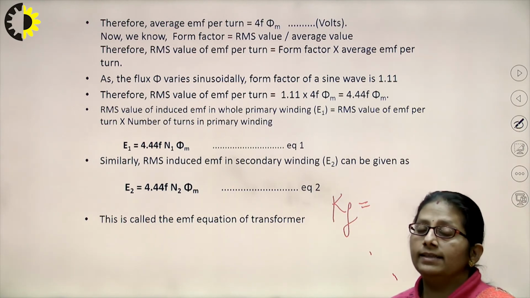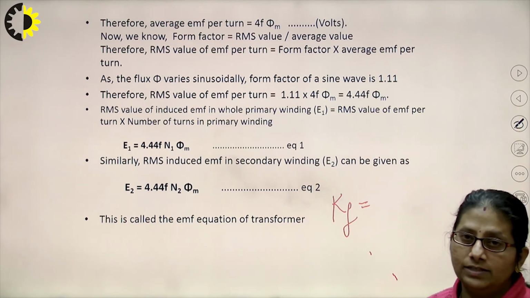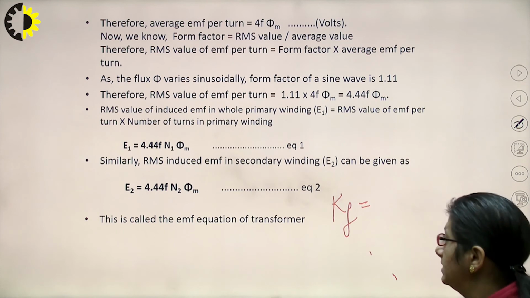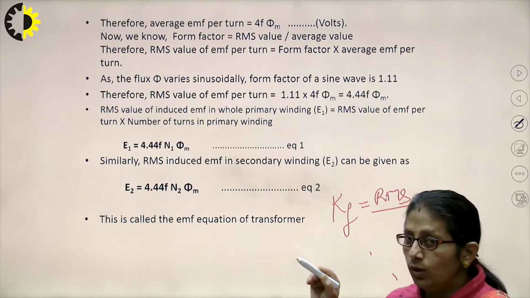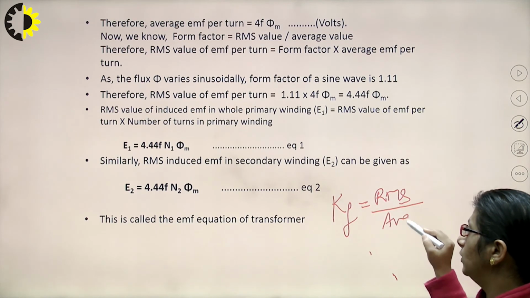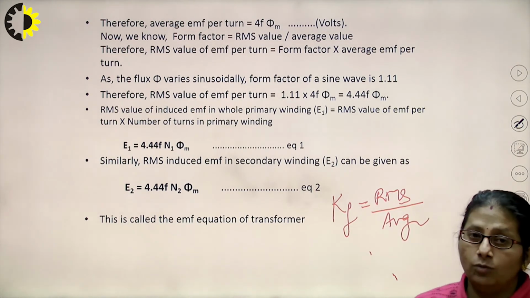We have already seen this in our second unit. The form factor is defined as the ratio of the RMS value of an alternating quantity to the average value of that same alternating quantity.